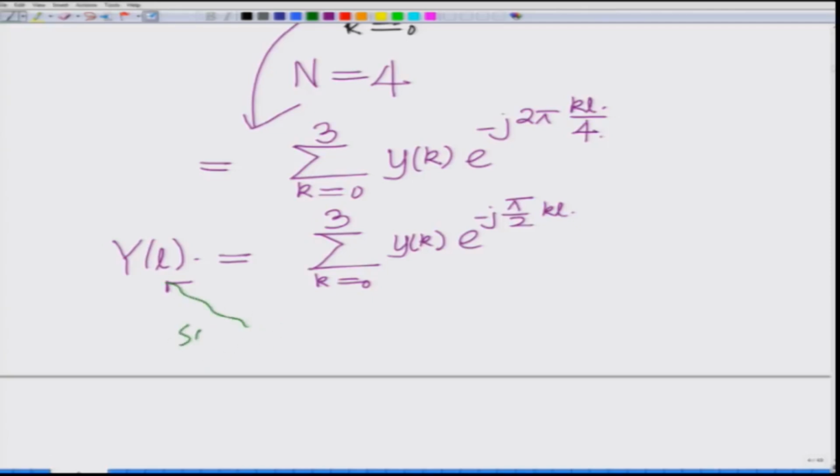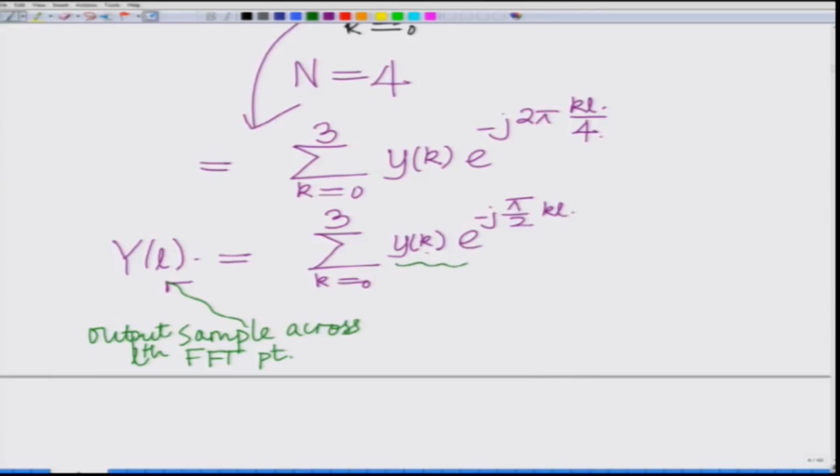So, let us say this is the output sample across the Lth FFT point.